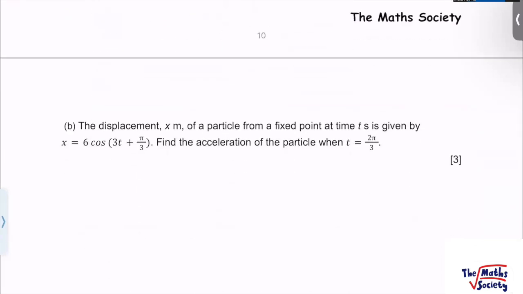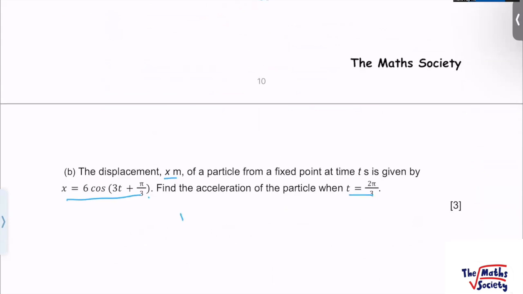And then you're given the displacement h in meters, and asked for velocity and acceleration. So v equals dh by dt. That's going to be minus 6 sine of (3t plus pi by 3) multiplied by 3. So that's going to be minus 18 sine (3t plus pi by 3).